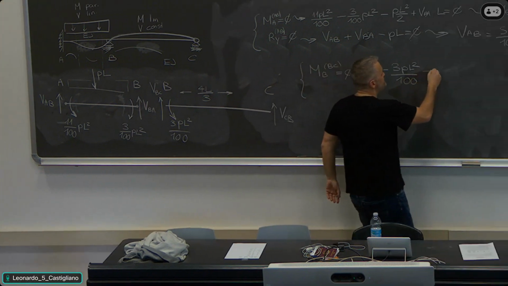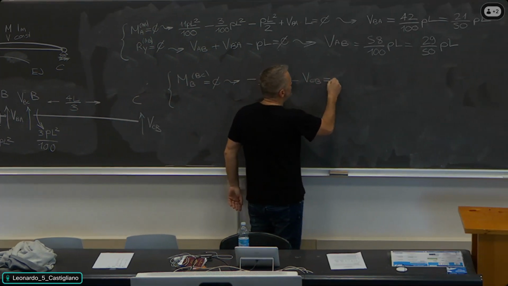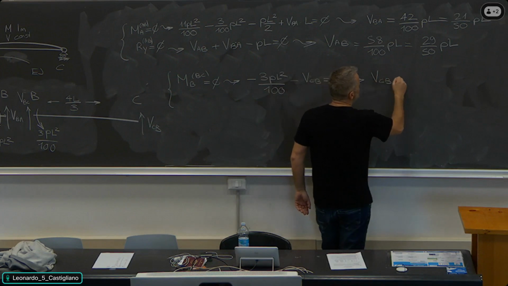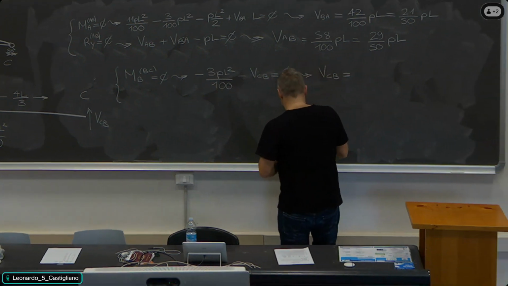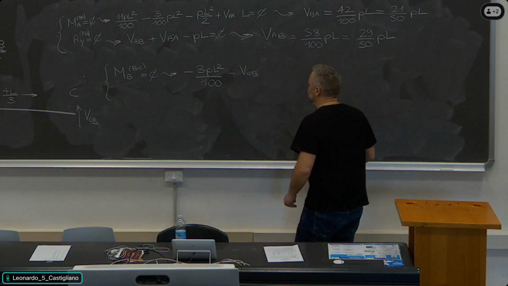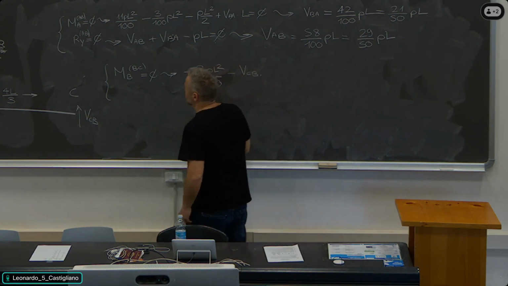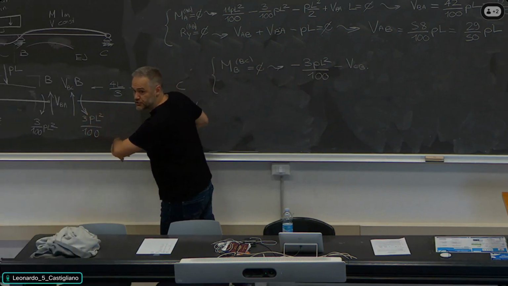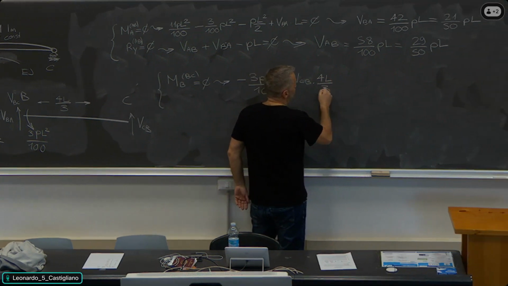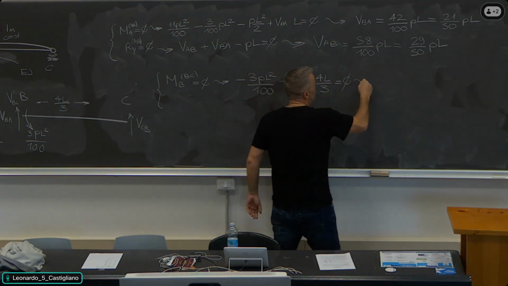So minus VCB equal to 0, which means VCB is equal to... here I said careful and I was not careful. Minus VCB times what? The lever arm, which is 4L divided by 3, equal 0.